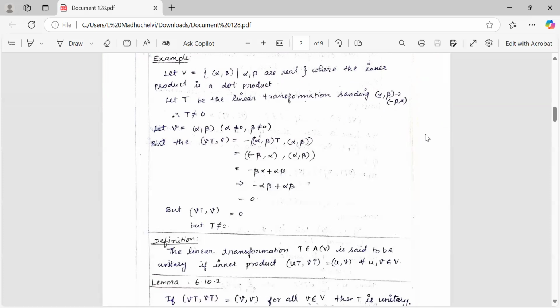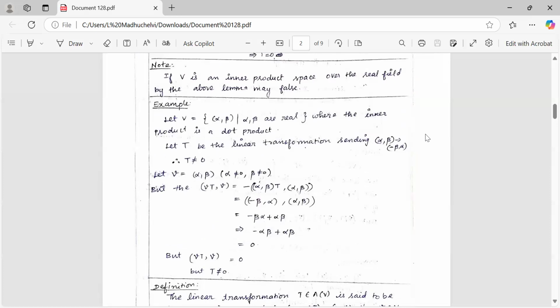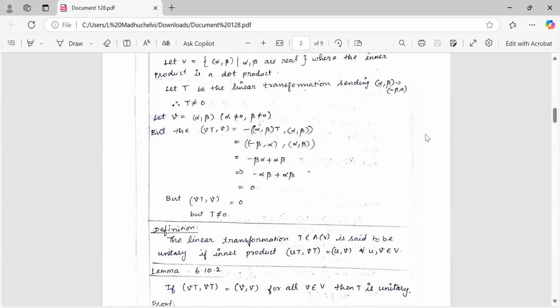Since alpha and beta belong to the field, commutativity exists, so this equals 0. So (vT, v) equals 0, but T is not equal to 0. So the converse of the above lemma is not true, as shown by the above example.